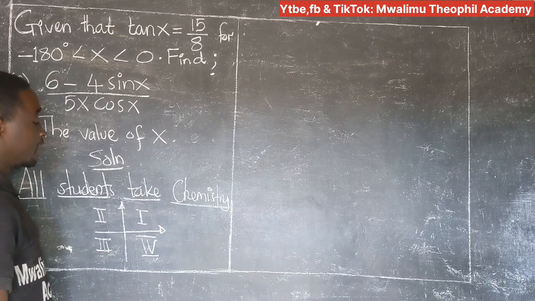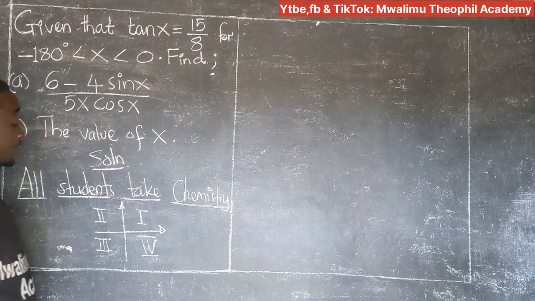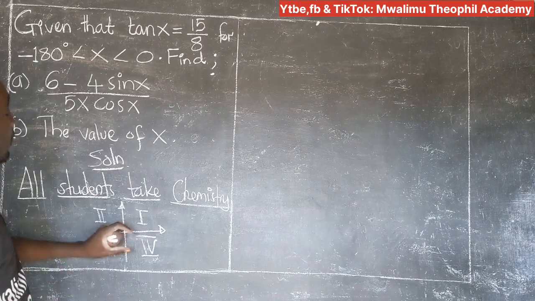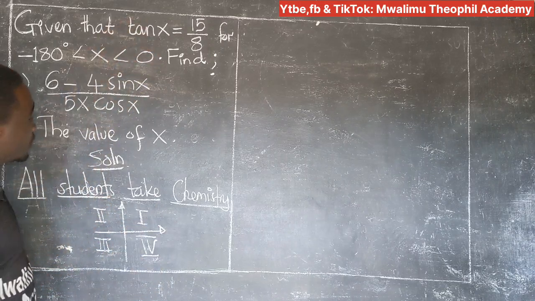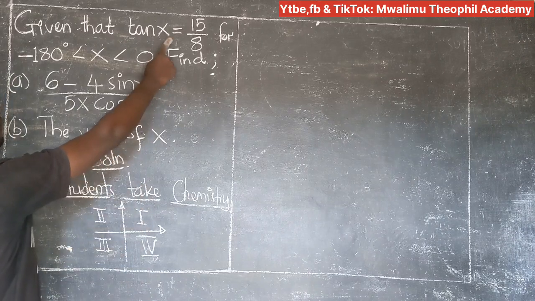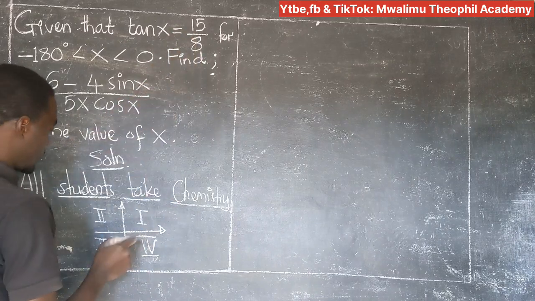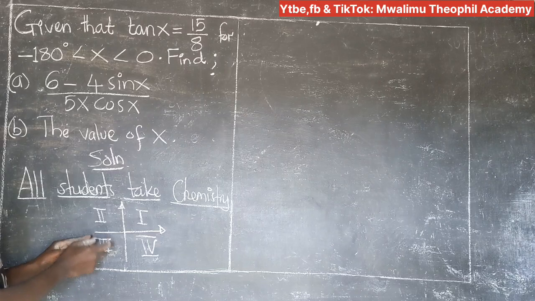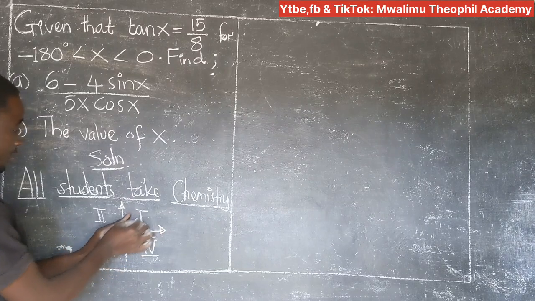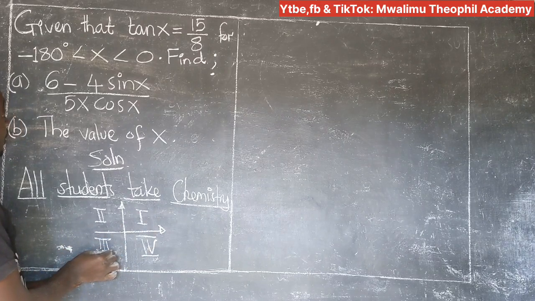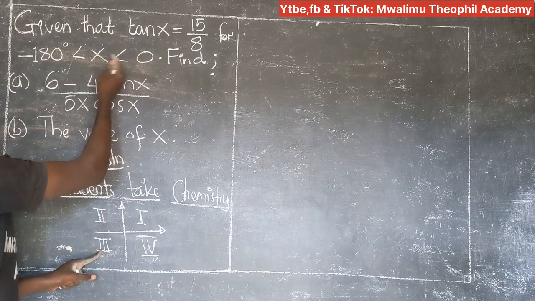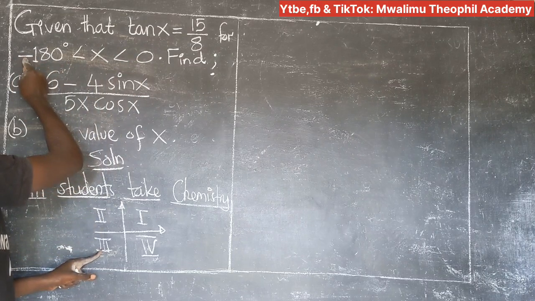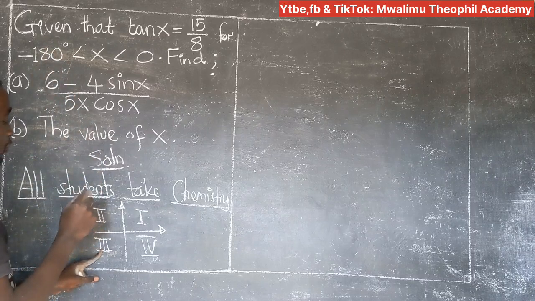Now, let's look at the way we may apply what I have said here to the given question. From the given question, we are given that the value of tan x is positive. It means that we have seen that tangent values are positive in the first quadrant and the third quadrant. Basing on the given range of angles, from 0 up to negative 180 degrees, we have only angles being negative.